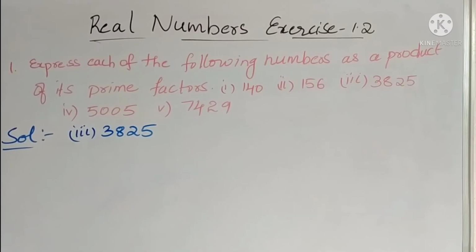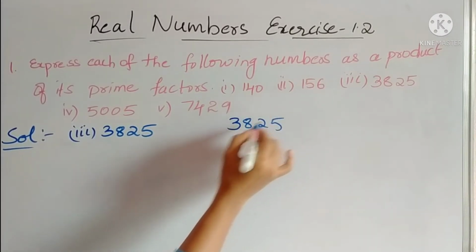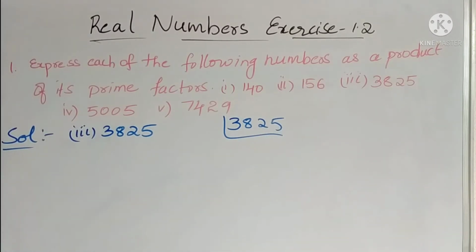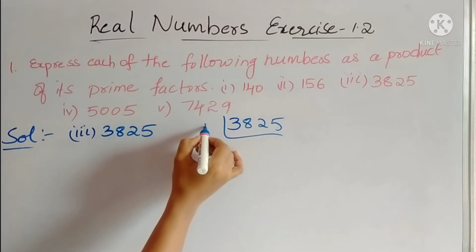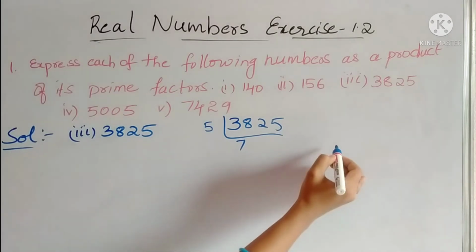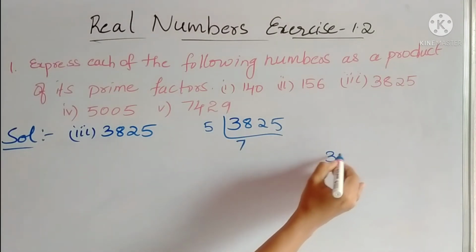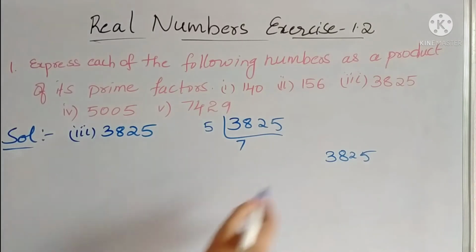So again here we want to find out the prime factors. So clearly here 5 is there in units place, so it is divisible by 5. 5 sevens are 35. Okay, most of the students feel it as difficult. It is normal division only. 5 sevens are 35.